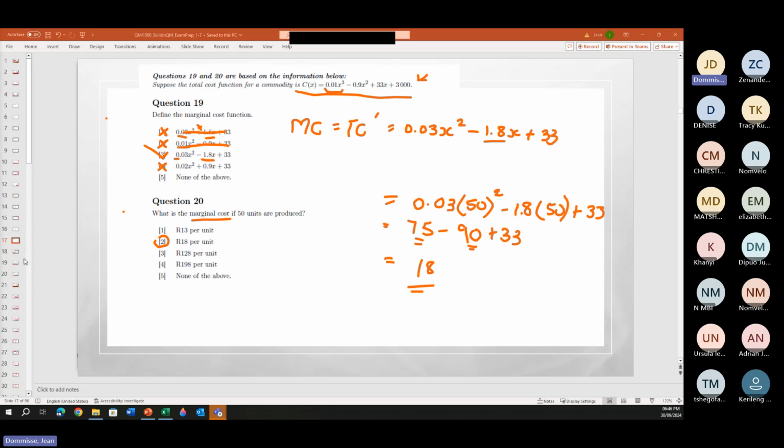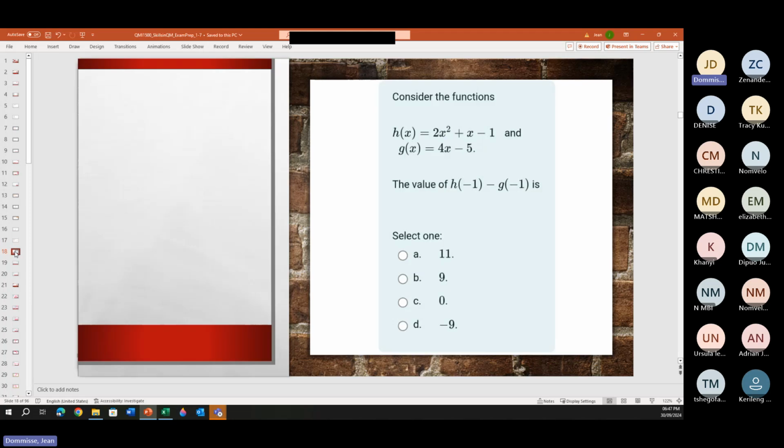Okay, then what I also added is where they give you functions, and you can see we've got a lot of examples still left.